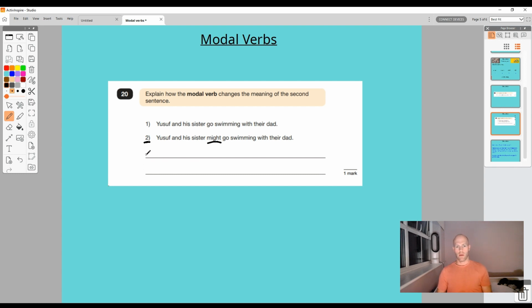So you could say, it changes the possibility.